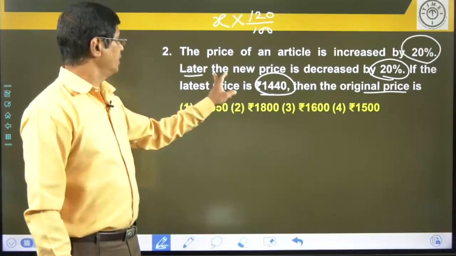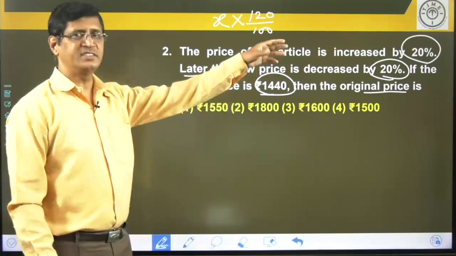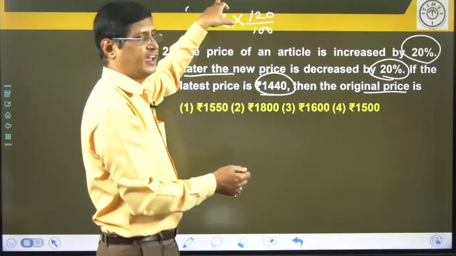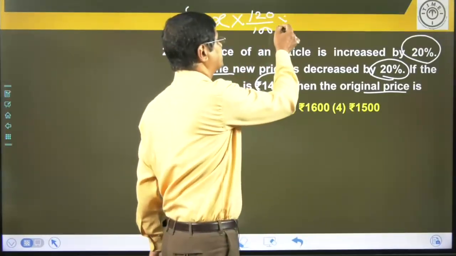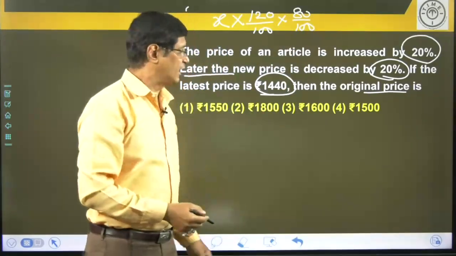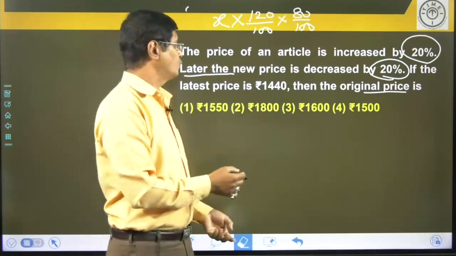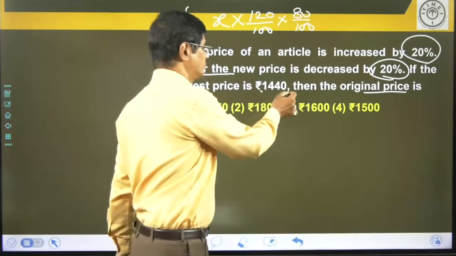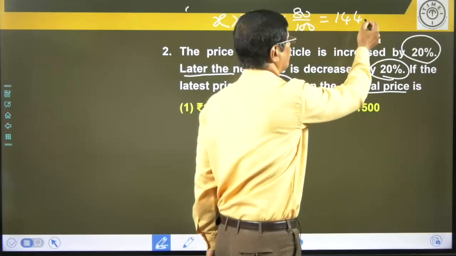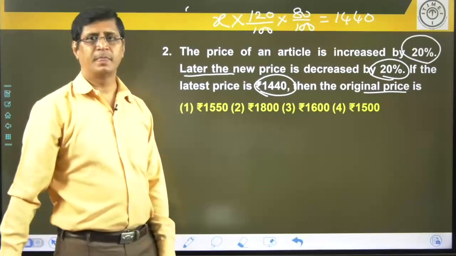Then later, the new price is decreased by 20%. When you assume this whole value as 100% again, a 20% decrease means it becomes 80%. So 80% of that value is equal to 1440. Now simplify.